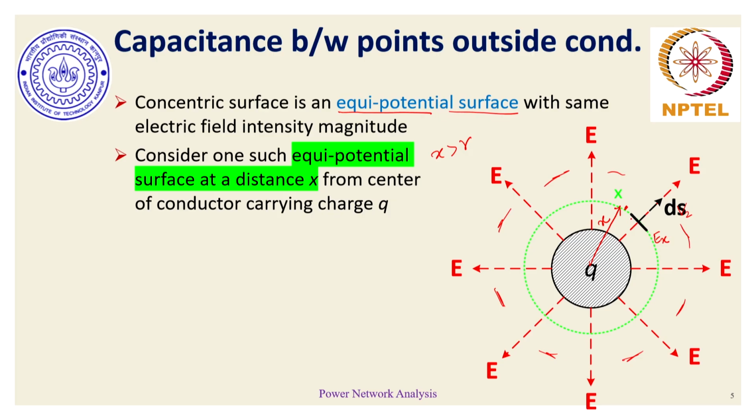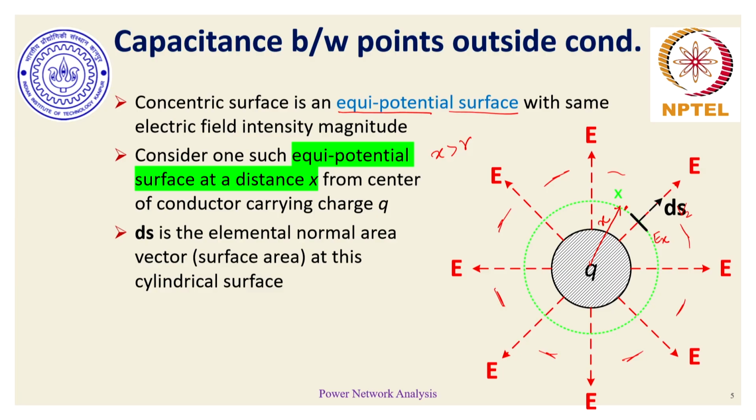In order to find this electric field intensity, we choose an elemental or small surface, marked by this element ds. ds is the elemental surface area along this cylindrical surface which we are considering, the cylinder with a cross-section of radius x and the length of the cylinder being the same as the length of the conductor.